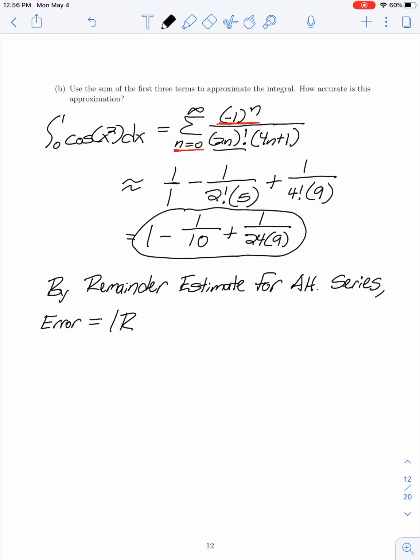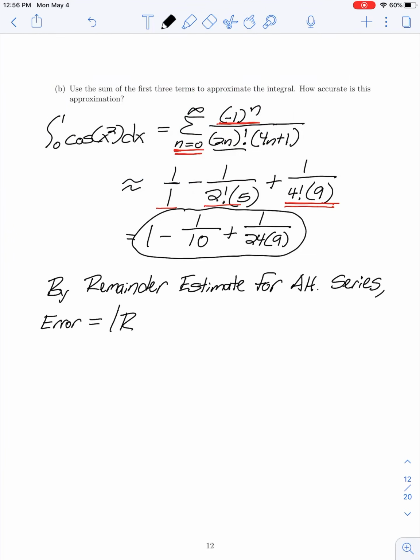So here we were using the sum of the first 3 terms to approximate our series. Now, since our initial terms started at n equals 0, our third term in this partial sum approximation corresponded to n equals 2. So we had our first term was n equals 0, n equals 1, then n equals 2.